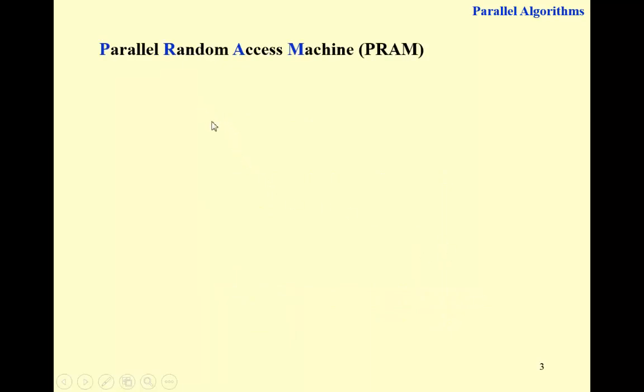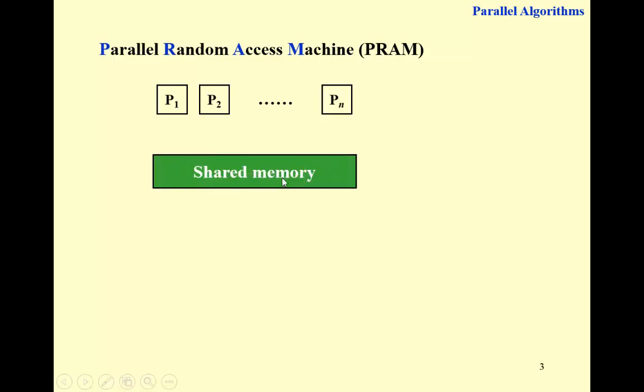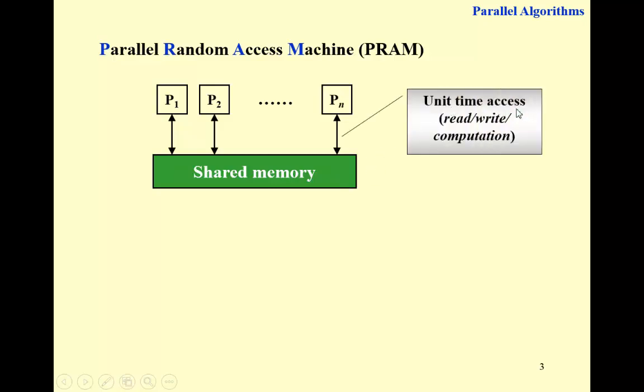In this model, we have n processors and a shared memory. And all the processors have unit time access. Access means read, write, or some computation. And we assume that each operation takes a unit time.